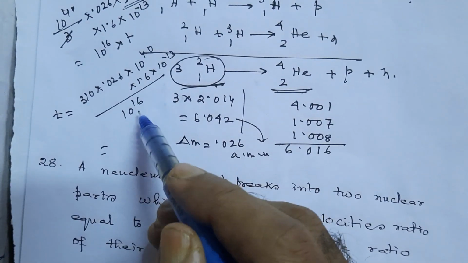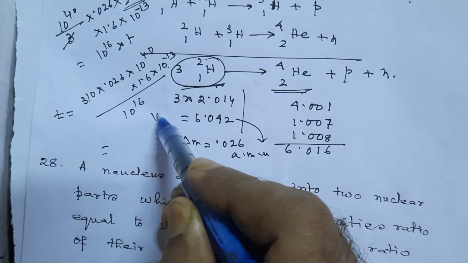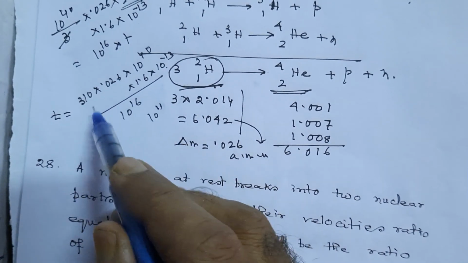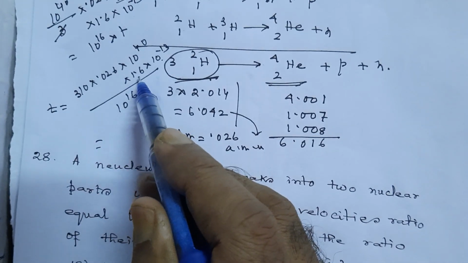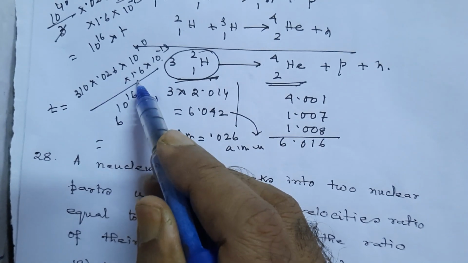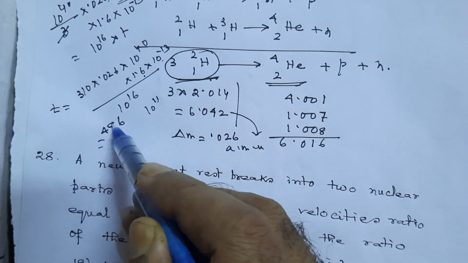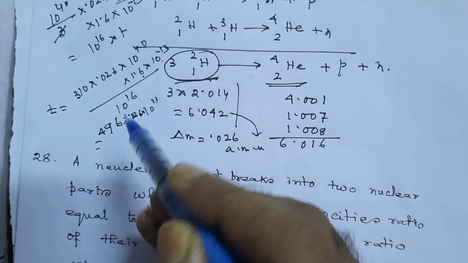Let it be 10 to the power minus 29, 10 to the power 40, 10 to the power 11, 310 into 1.6 gives 496, into 0.026.